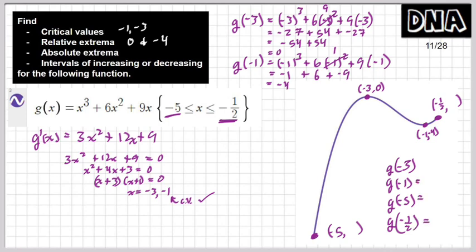The only way you would get away with not having to plug in all those points is if you actually can see the graph. Okay, so we got 0 for that one. We got -4 for that one. -5. Oof, I really don't want to do this.